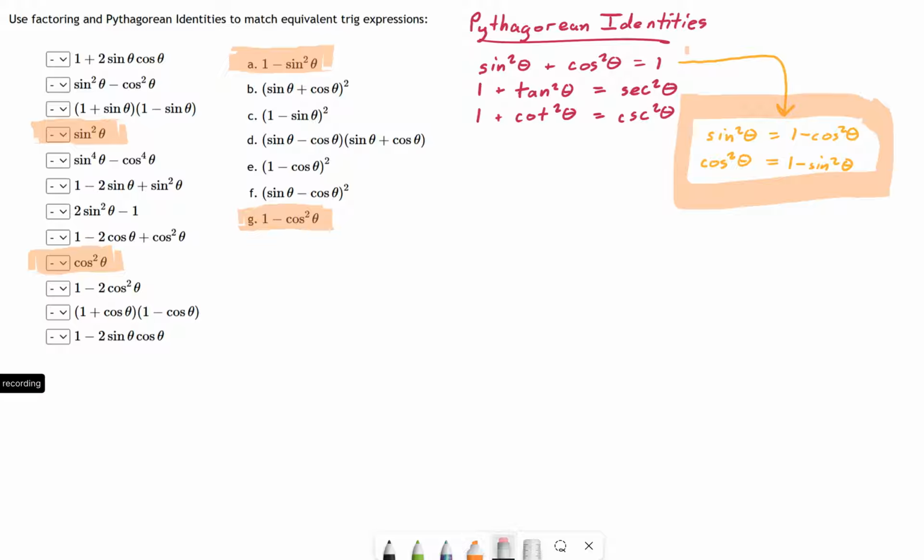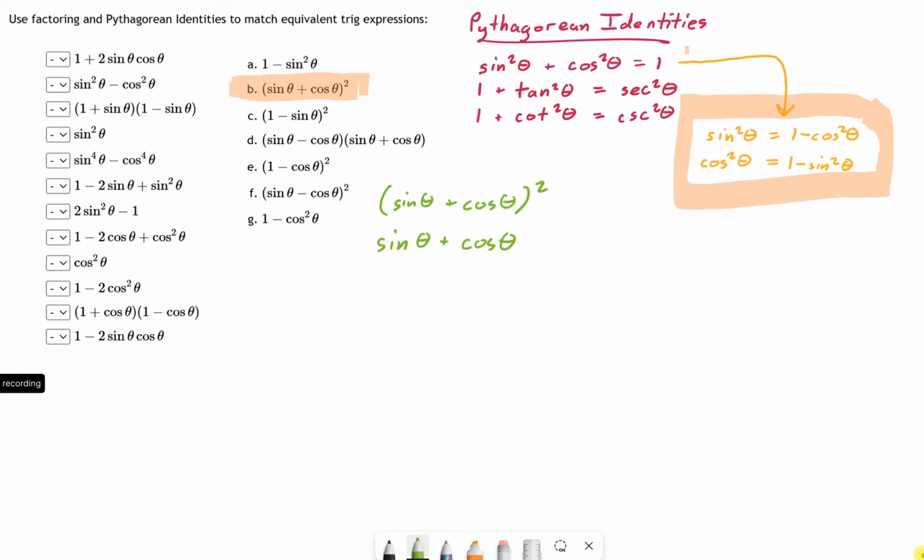But there are a few other things in here that might not be so obvious. So I'm going to go down the list on the right side, and we're going to focus on one of these things at a time. If I look at sine plus cosine inside of parentheses and squared, there's no quick way to do that one. Instead, let's just FOIL it out and see what we get. Sine theta plus cos theta squared means sine theta plus cos theta times sine theta plus cos theta.